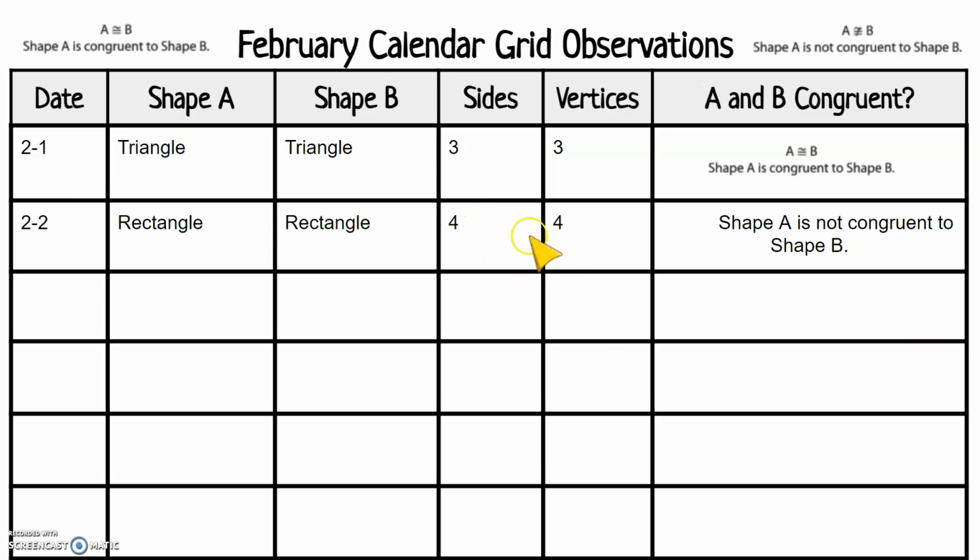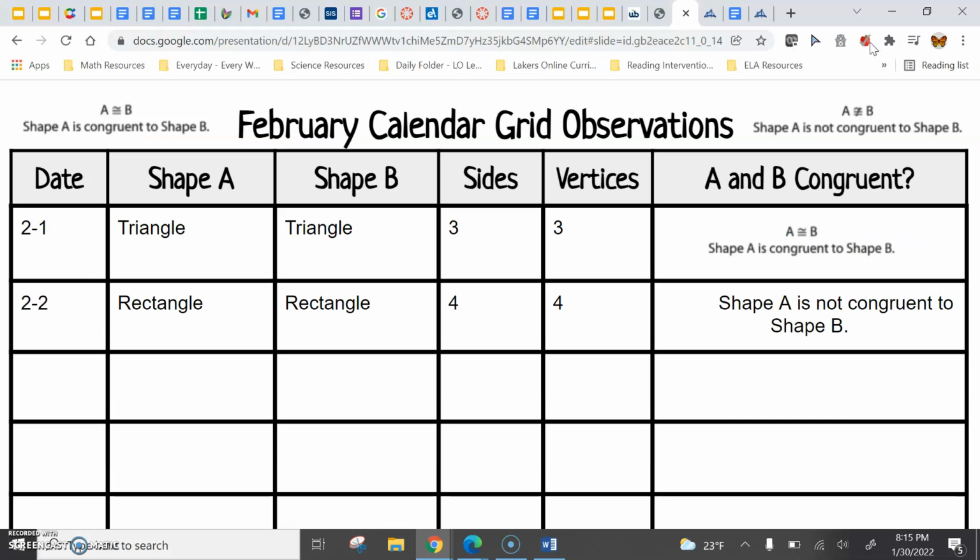We have 4 sides for each, 4 vertices for each, and shape A is not congruent to shape B. When it is congruent, we have an equal sign with a squiggly line over it saying it is congruent. If it is not congruent, we still have the equal sign and a squiggly line above it, but then we cross it out to let the readers know it is not congruent.